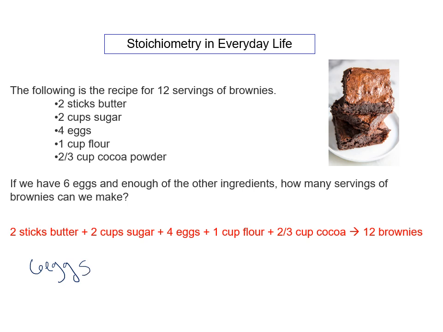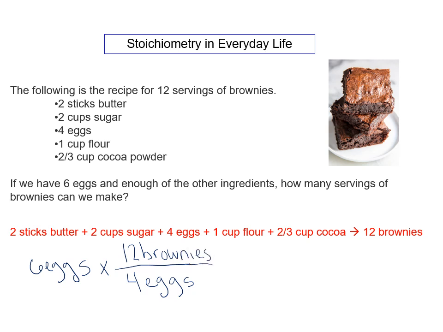And I'm going to use my equation as a conversion factor. I can see from my equation that for every 4 eggs, I can make 12 brownies. Notice that I came up with a conversion factor from this recipe, from the balanced equation.